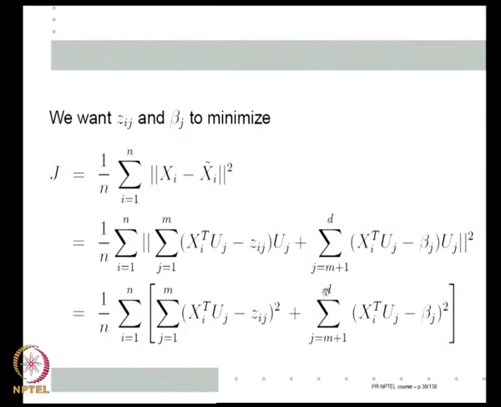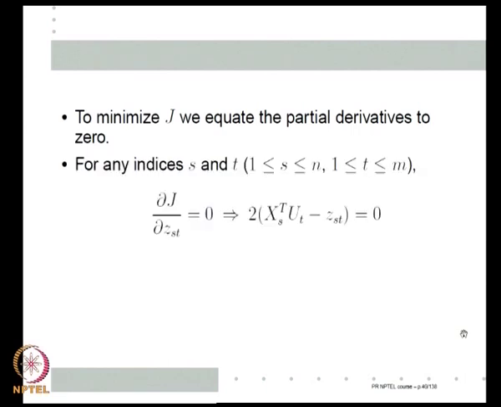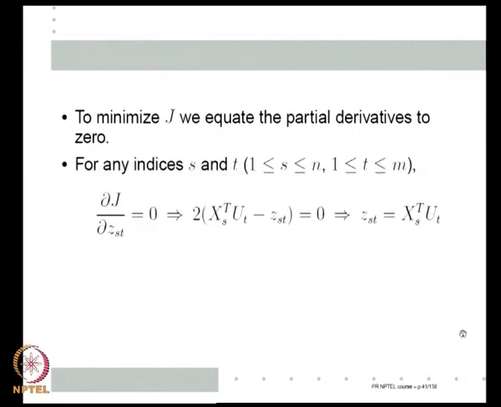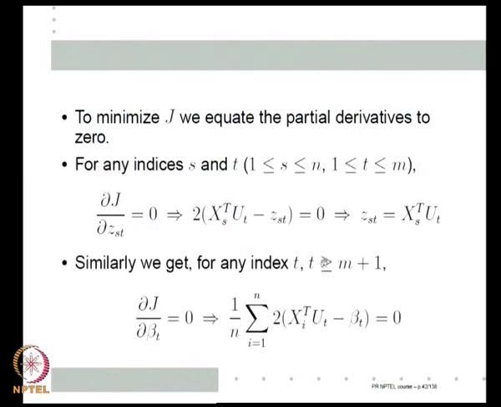So, only this will remain, that will be 2 times xi transpose ut minus beta t. Okay. For any t greater than m plus 1, only for those do we have beta t's. So, del J by del beta t equal to 0 implies 1 by n summation i equal to 1 to n of 2 times xi transpose ut minus beta t is equal to 0.